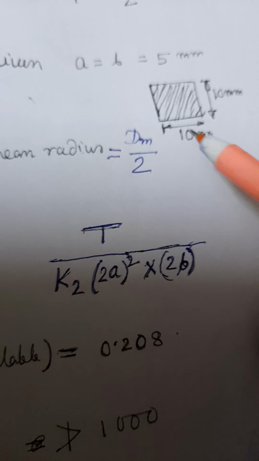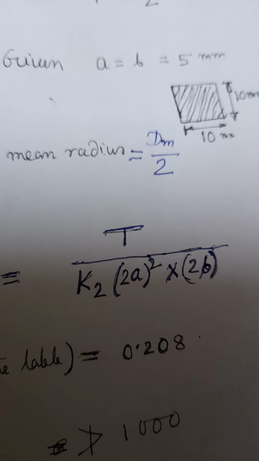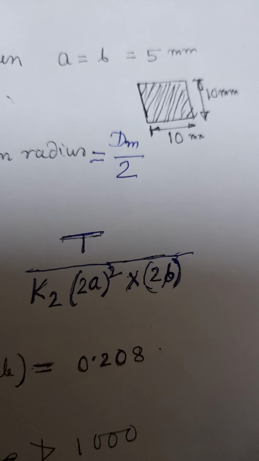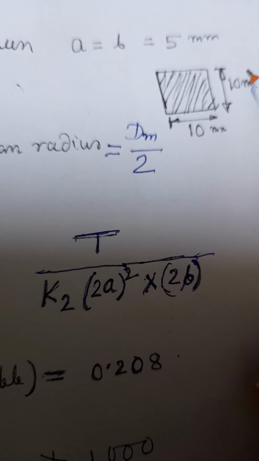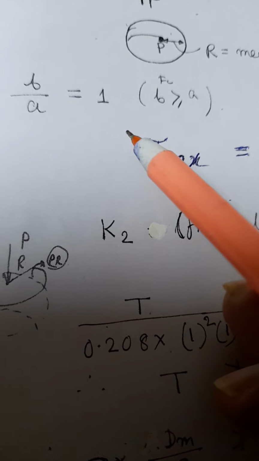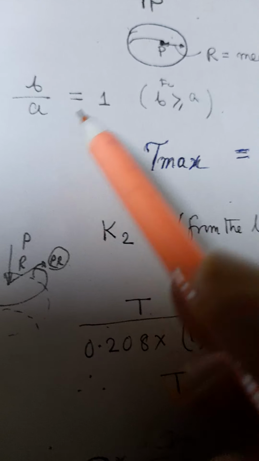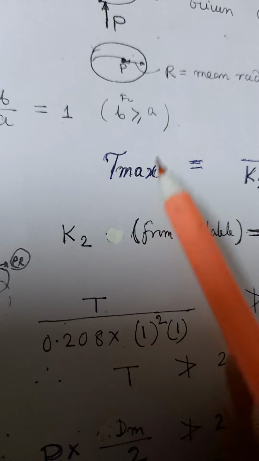This is the section. This is a square section, A is equal to B is equal to 5. So this is 2A, this is 2B, and B by A is equal to 1 in this case.